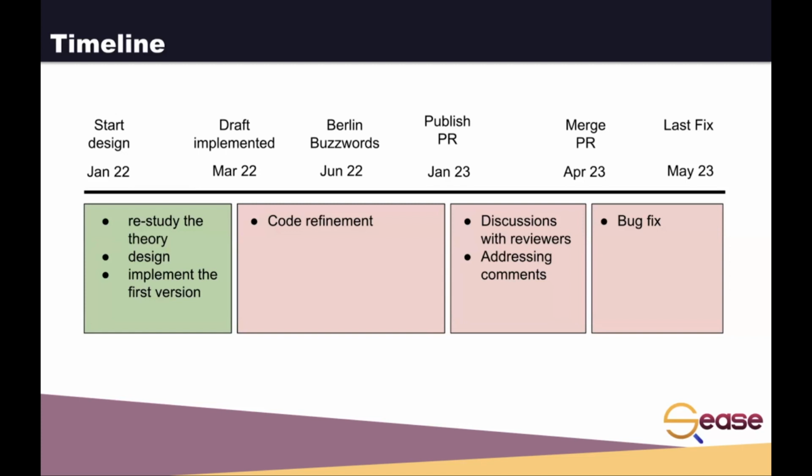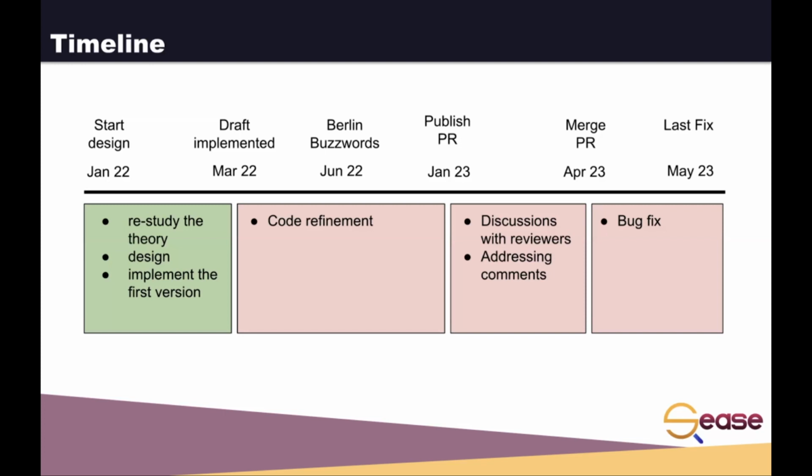And after that we presented at Berlin Buzzwords last year, saying we are going to publish a PR soon, because we only needed some refinement of the code, some comments or documentation, or maybe to clean up some code. But we published the PR this year in January. We will see what happened.